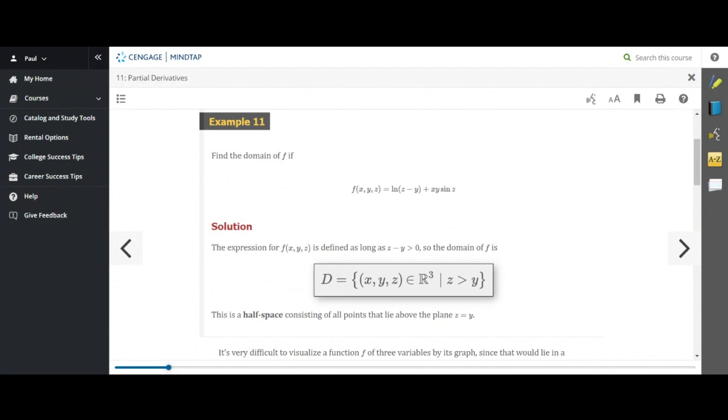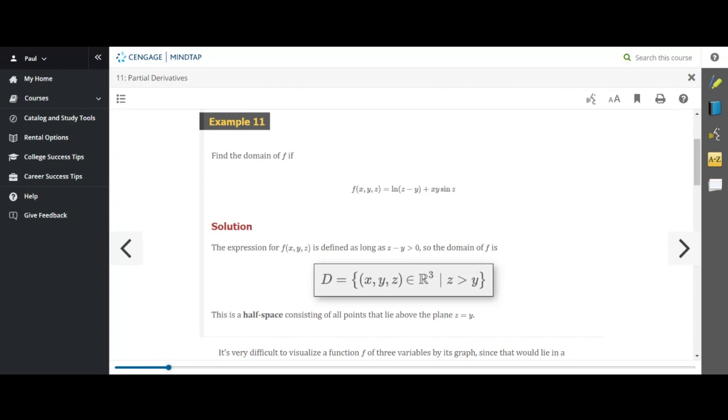But the log of z minus y has to be positive, so z has to be greater than y. Okay, and so that would be the half space consisting of all points that lie above the plane z equals y. So the domain is, if you wanted to picture it, a three-dimensional picture.